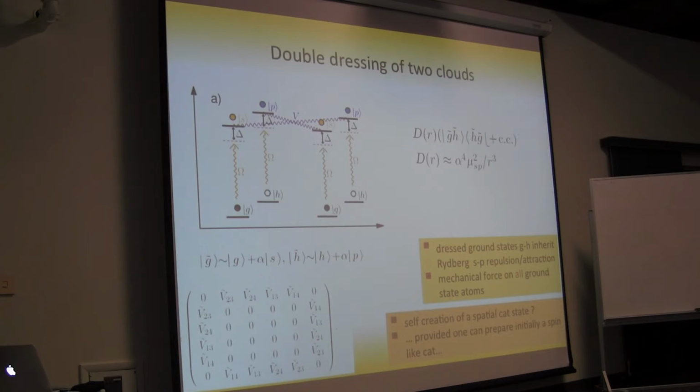And the nice last application I want to show, just for the fun of it, is of course, we know that we can now spatially move atoms while keeping their individual coherence. So something which comes to mind immediately is to create a Schrödinger cat state which is spatially separated. Of course, normally a cat state dies immediately, decoheres, if you try to measure it, observe it, or manipulate it.